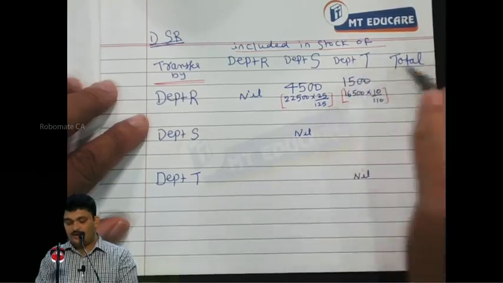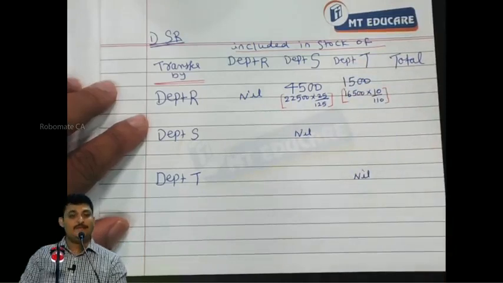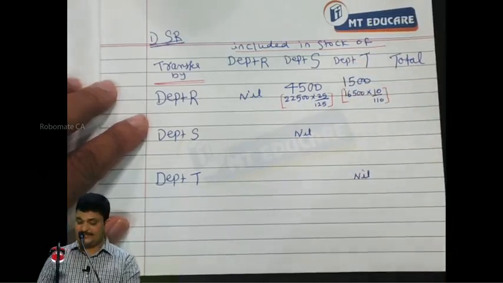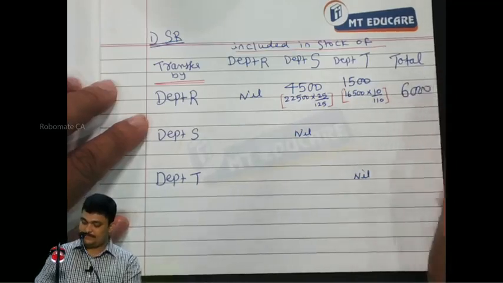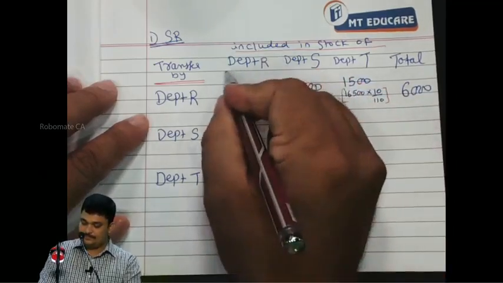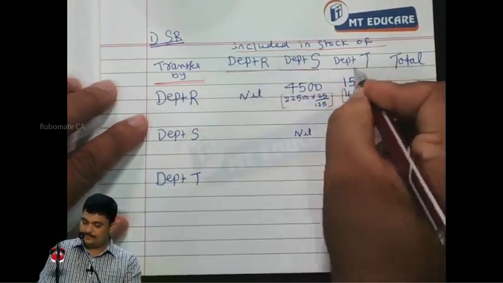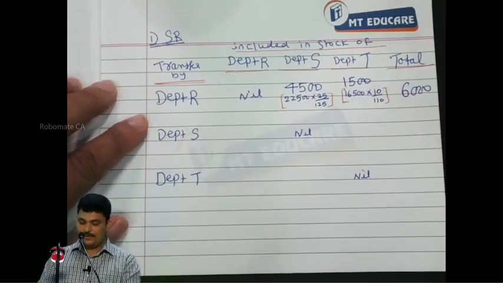The total stock reserve to be eliminated from R's profit is 6,000.